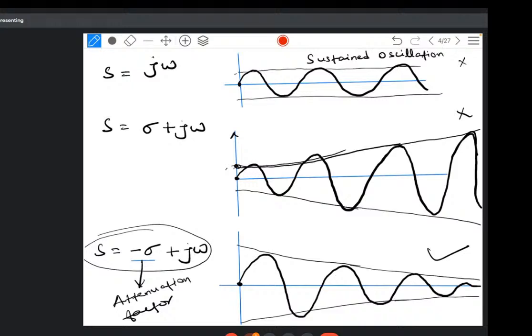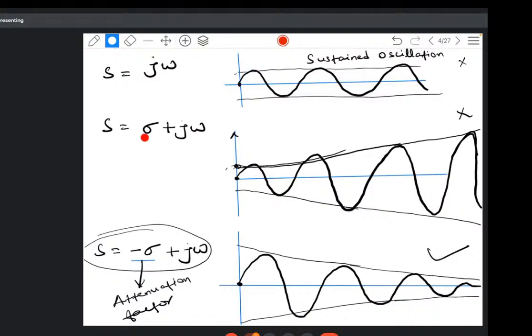Now if s is equal to sigma plus j omega, the sigma represents that the real term is amplifying the oscillation. Here the negative sign is not there, the positive sign is there.